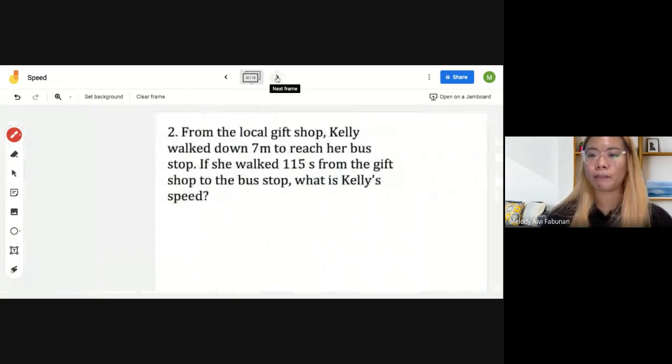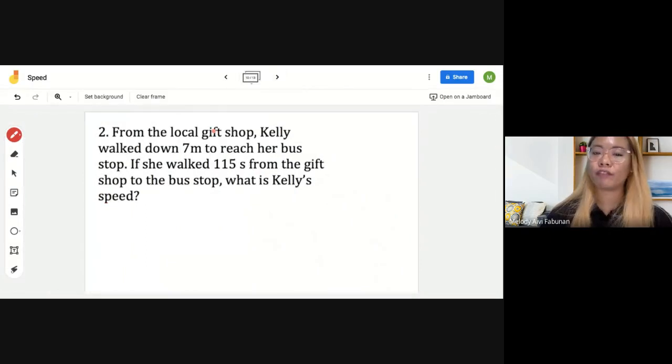From the local gift shop, Kelly walked down 7 meters to reach her bus stop. She walked 115 seconds from the gift shop to the bus stop. So now we are looking for Kelly's speed.